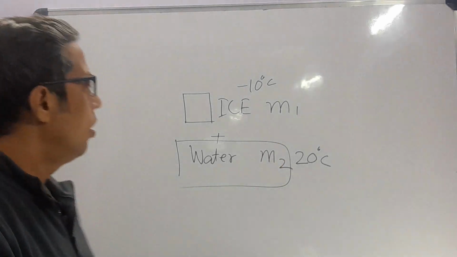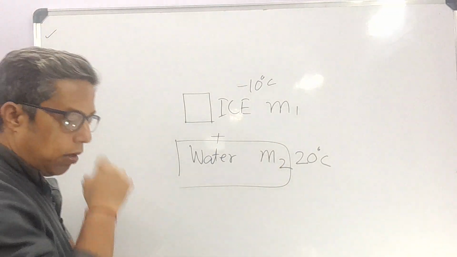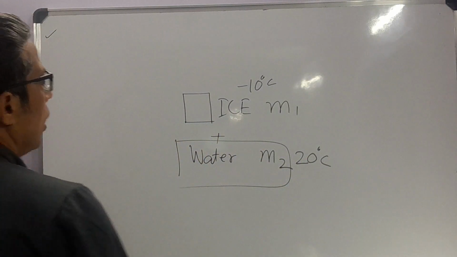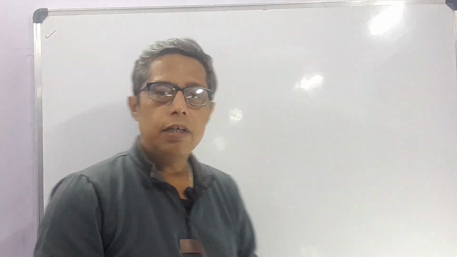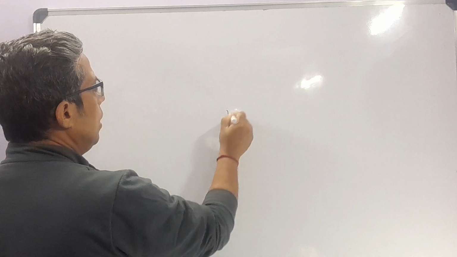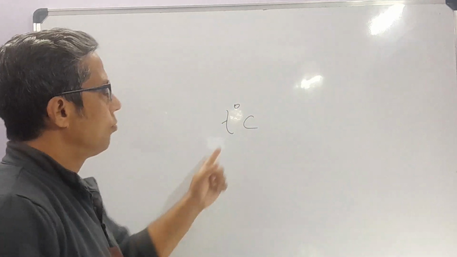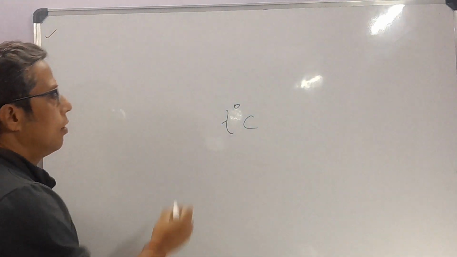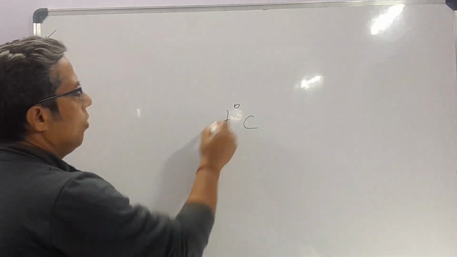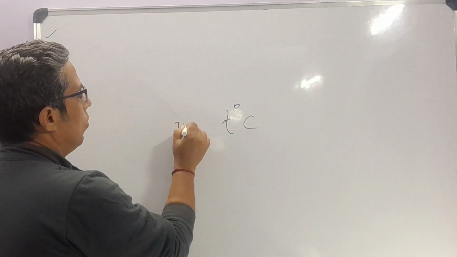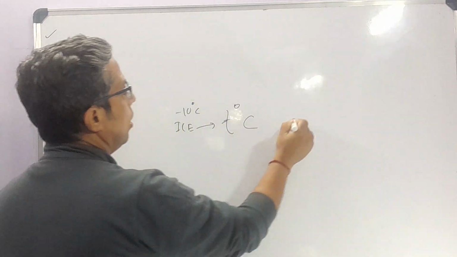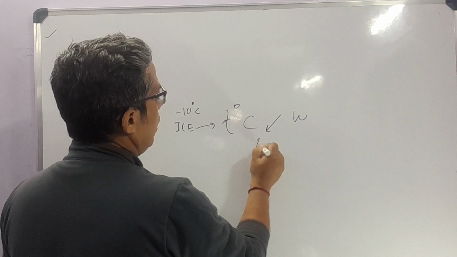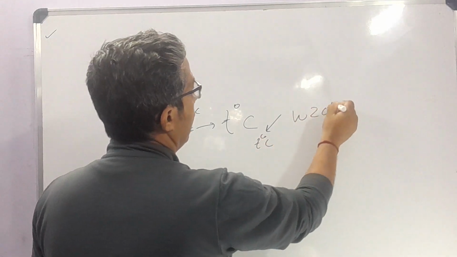Let's say both of them go to some temperature T degrees centigrade, the resultant temperature. Ice goes to T from -10 degrees centigrade, and water goes to T from 20 degrees centigrade.